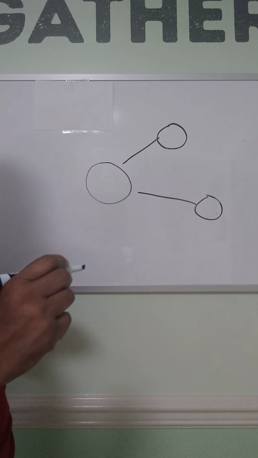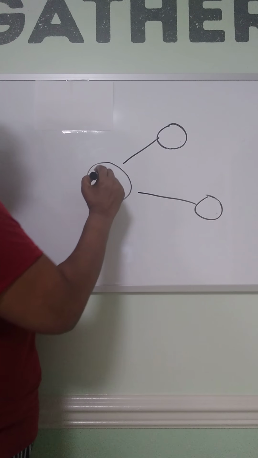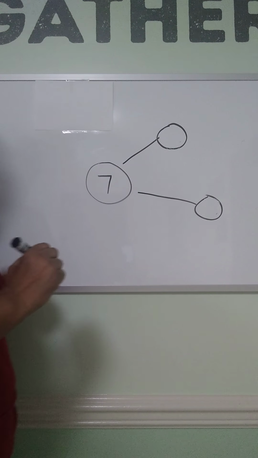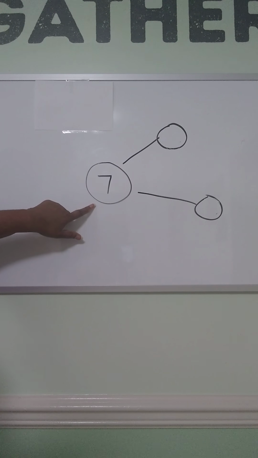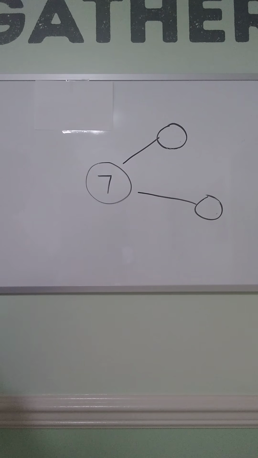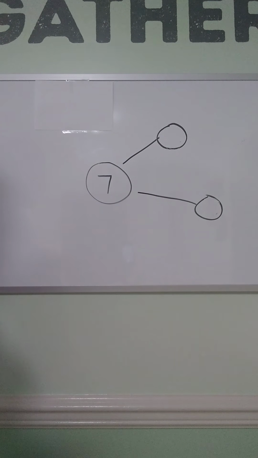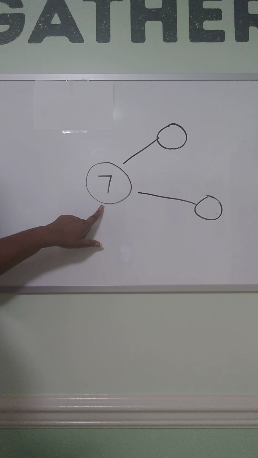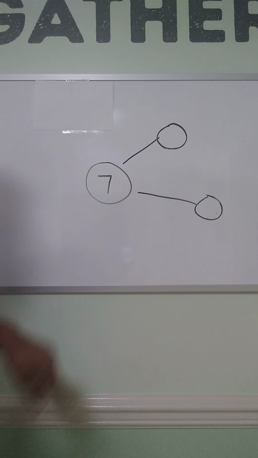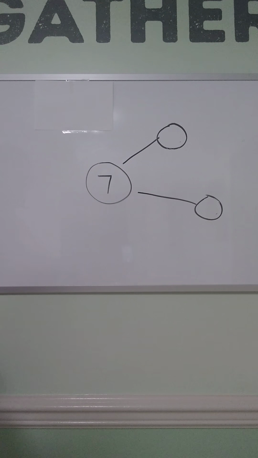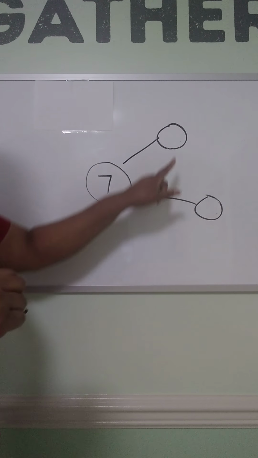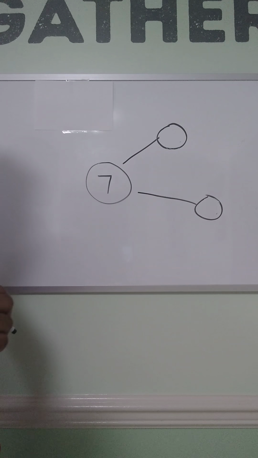I'm going to put a 7 in the whole number spot, and the whole number goes into the biggest circle. Okay, we're going to put a 7 in the top circle.